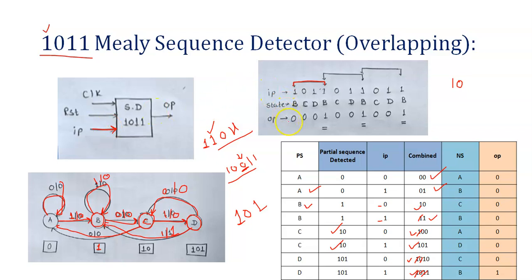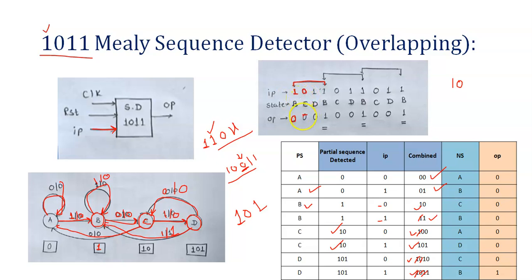Now what output will I be getting? The output of the sequence detector will be 1 when the whole sequence is detected, that is 1011. But when I give 1, is it a part of the sequence? Yes, but the whole sequence is not detected, so the output will be 0. Again, 0 is applied as the second bit to the input side. 10, is it a sequence?